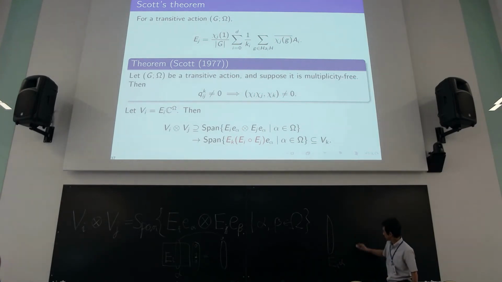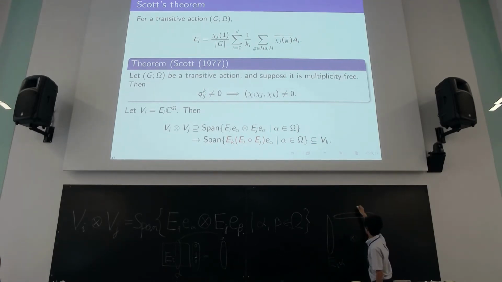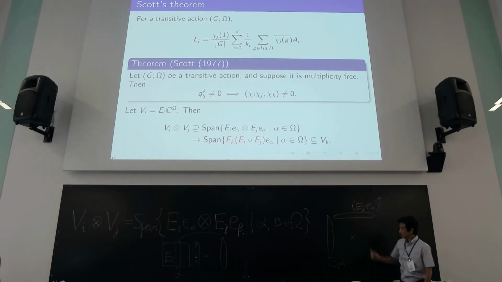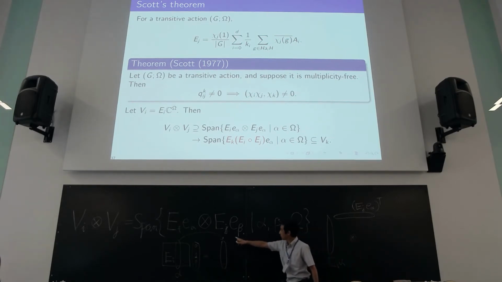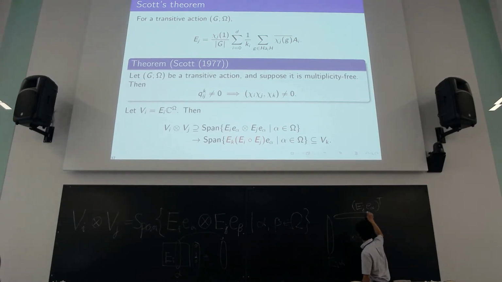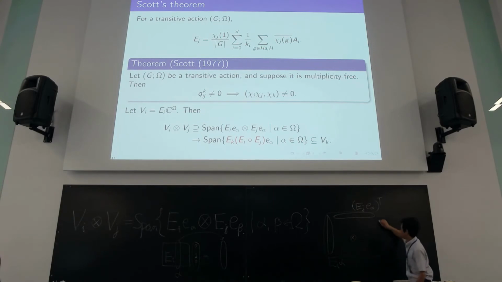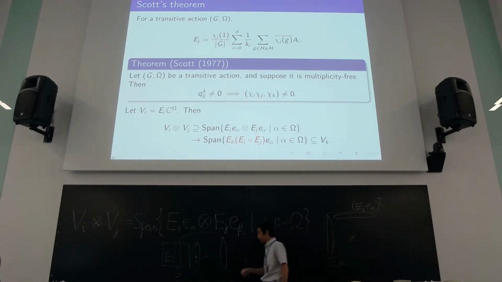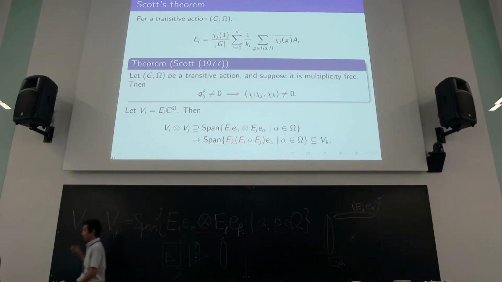And you may think of tensor product as a column vector times row vector, that is Ej e beta transpose. So this could be sort of just a square matrix. You see, column vector times row vector is a square matrix. So this is what the Vi tensor Vj is.